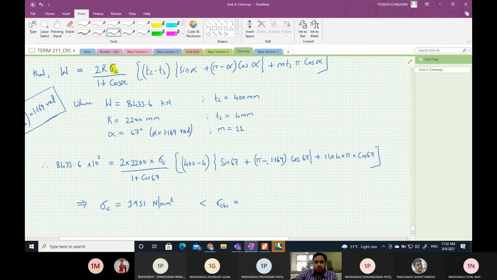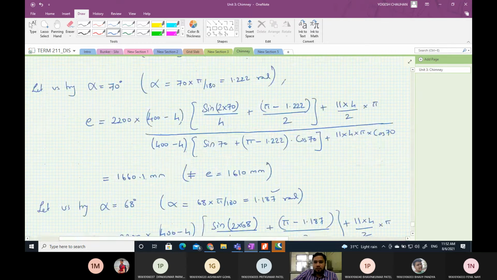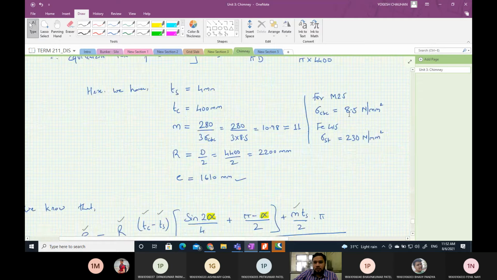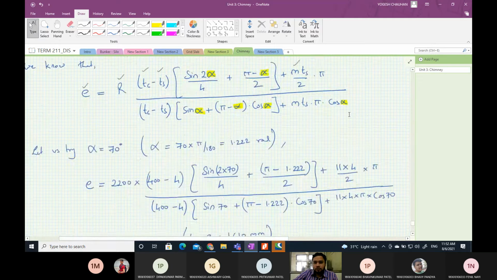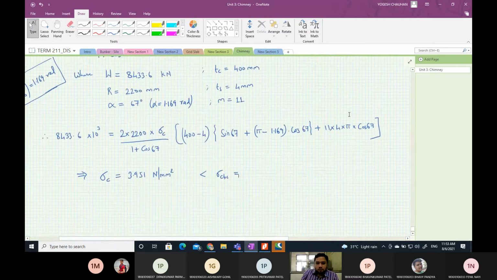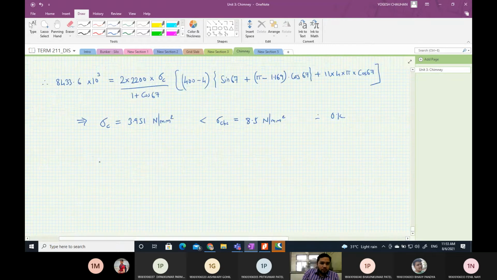So that value is 8.5 Newton per mm square. So it is okay. Now from this sigma C value, we find the stress in steel.